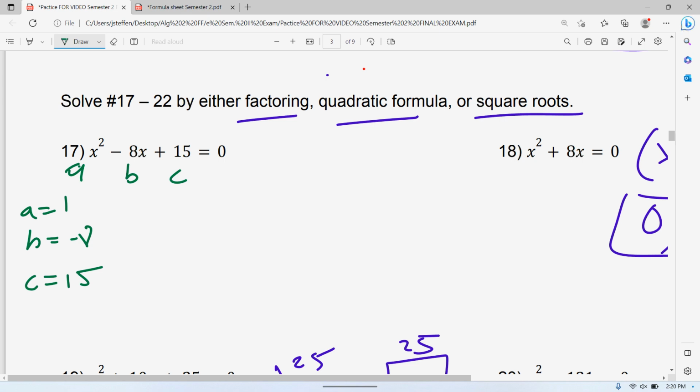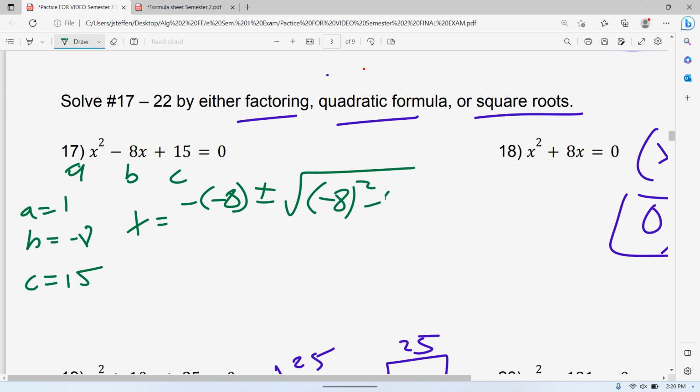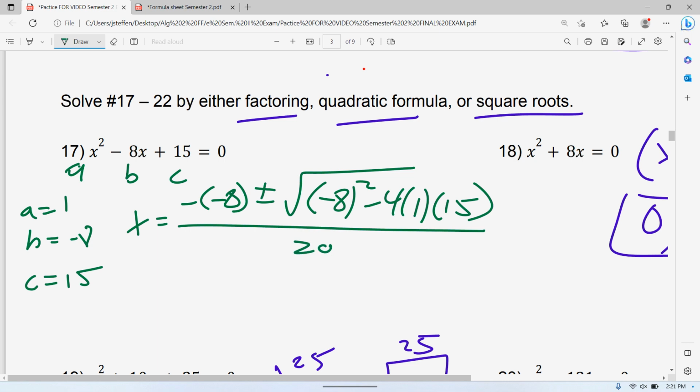X is equal to negative B, plus or minus the square root of parentheses B squared minus 4 times A times C, all over 2 times A. Again, make sure you use parentheses because if you don't, you're going to miss that one. It's not going to give you the right answer. So some of you guys type this whole thing in the calculator, which is funny.